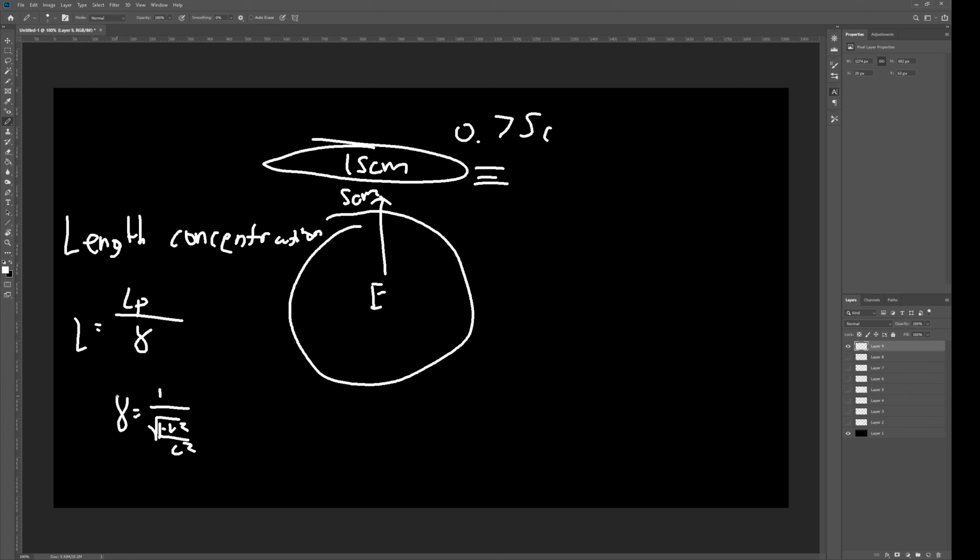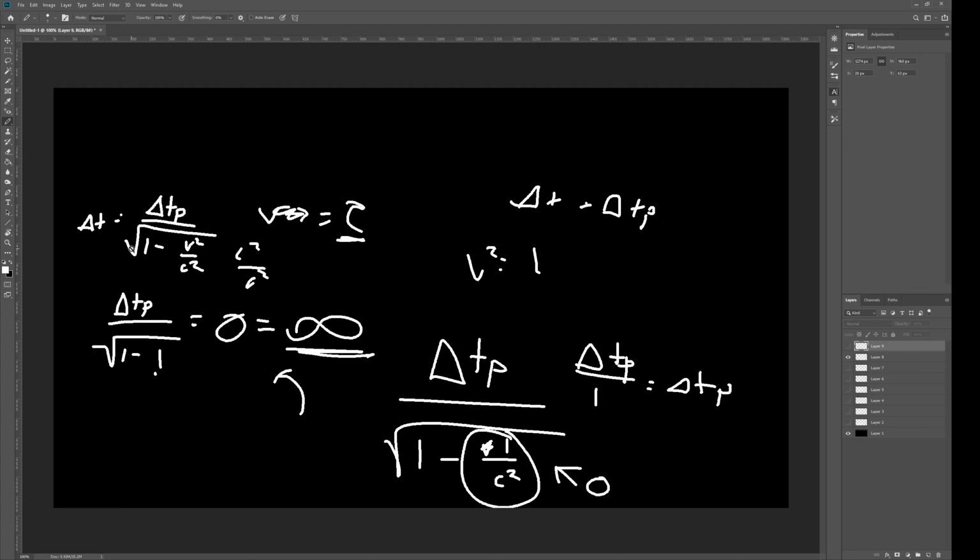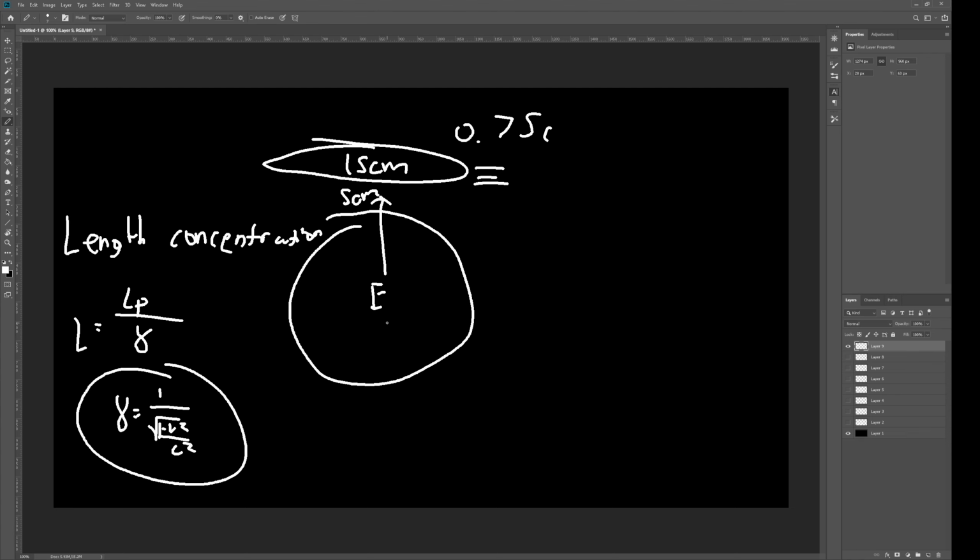This is the same symbol we saw in time dilation. So our equation is L_P times the square root of 1 minus v squared over c squared.